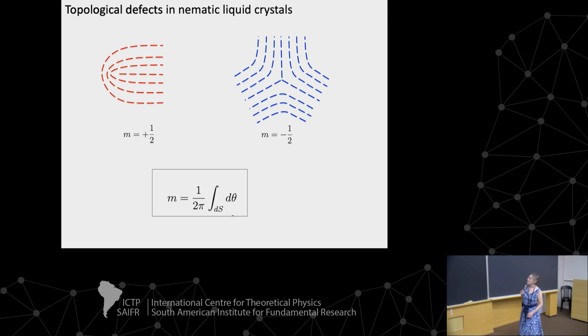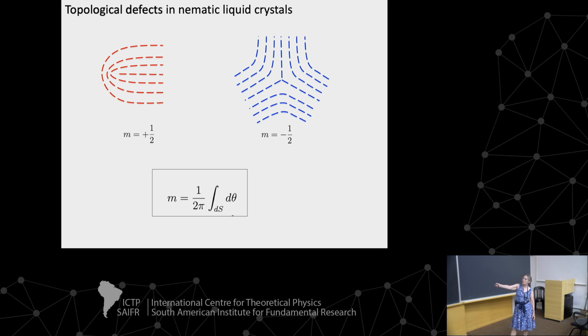That's not super important, but what is super important is remember that shape, please. That's a plus a half. It looks like a comet. That's a minus a half, and it looks like a threefold symmetry thing, like a sort of flower. We're going to see these again and again, so if you could get used to them now.